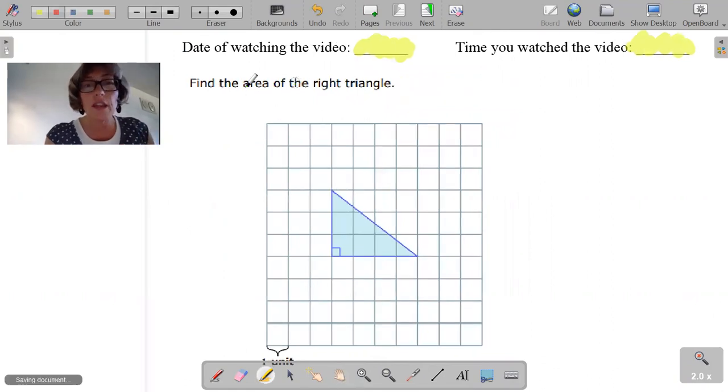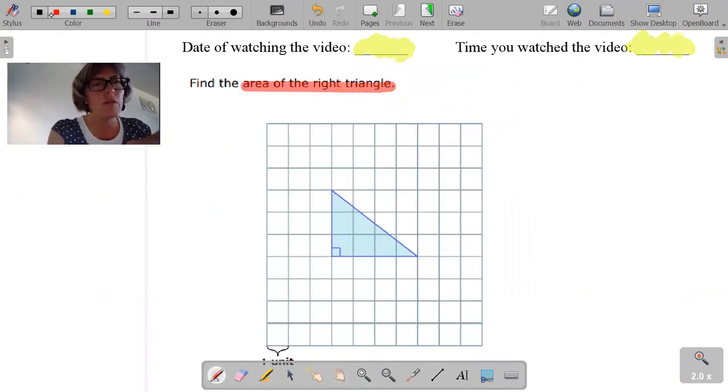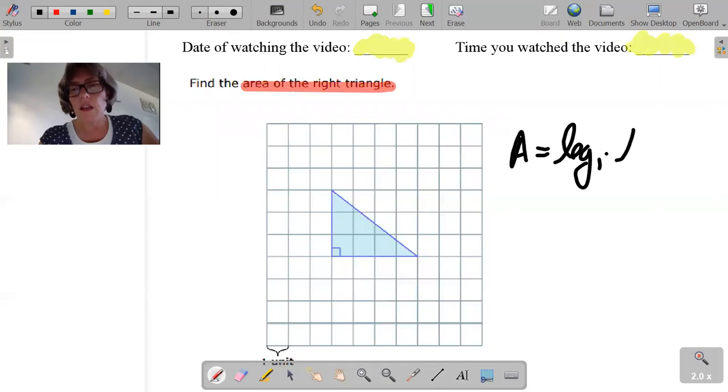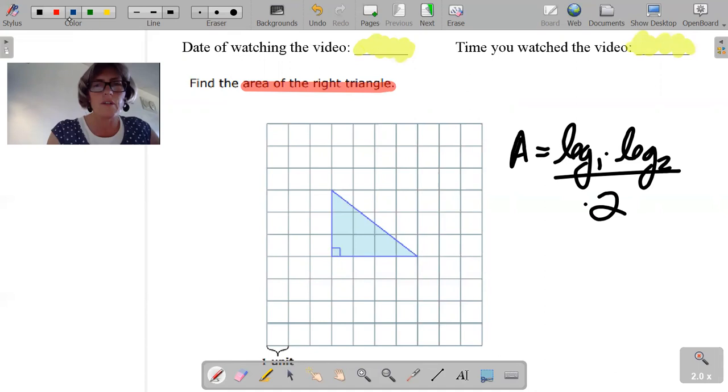It says find the area of a right triangle. Specifically, the area of a right triangle is one leg times the other leg over 2. So one leg, you just bunny hop it. That's one leg.